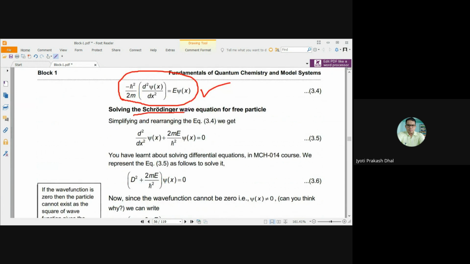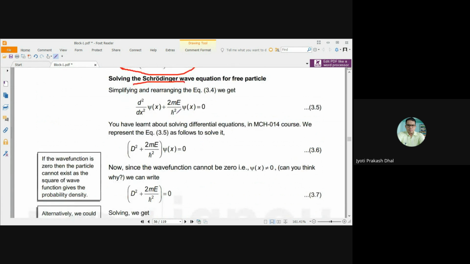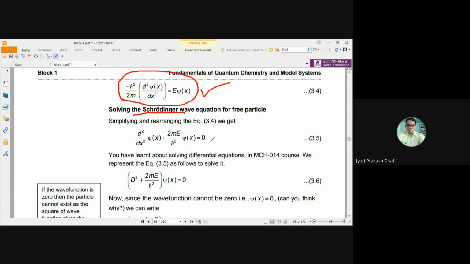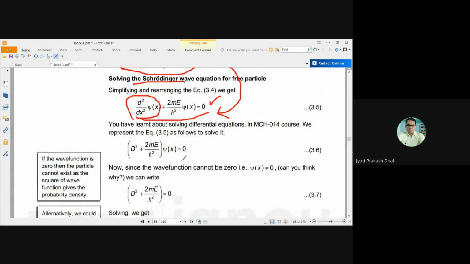Now, this is the Schrodinger wave equation for the particle moving along the x-axis freely. Solving this Schrodinger wave equation and rearranging, we can write d square by dx square psi x plus 2mE divided by h cross square psi x equals 0.